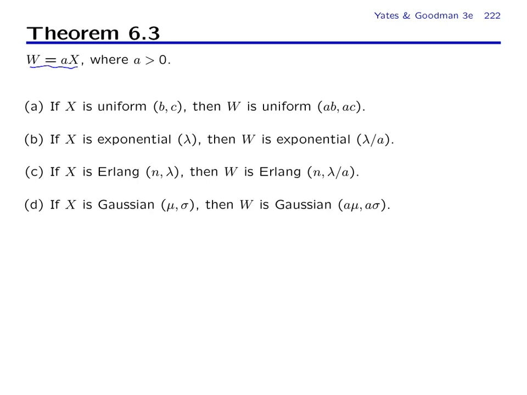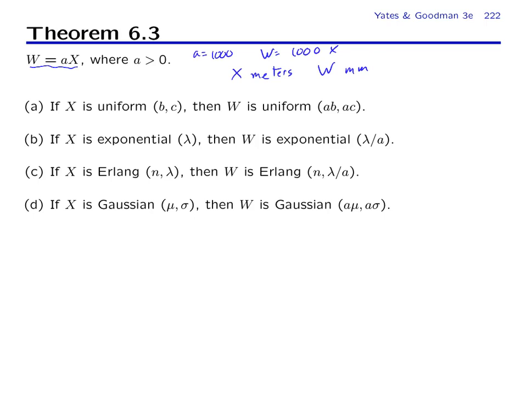So if a is equal to 1,000 and W is 1,000 X, then if X is in meters, then W is in millimeters.